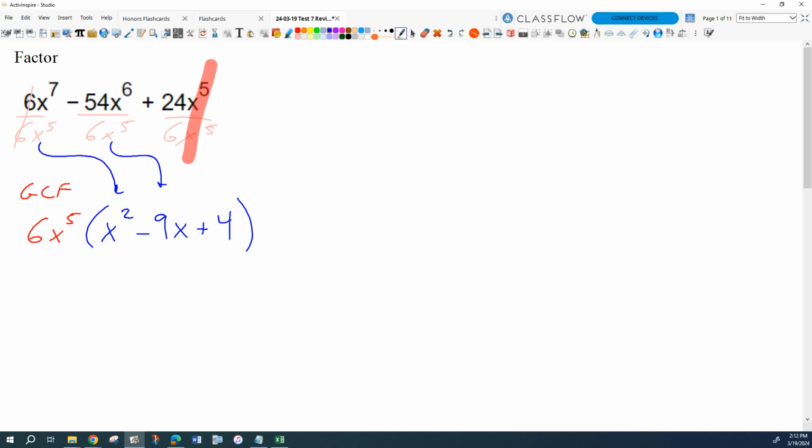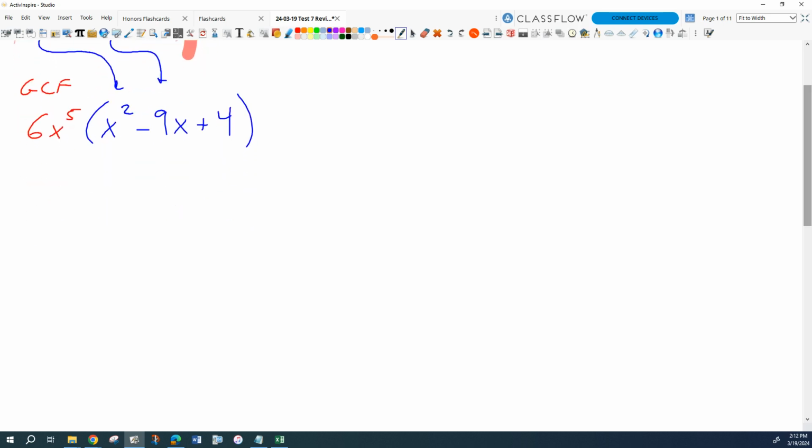Okay, good. And then the last thing we would do is we'd look at this and say, could we go further? So the GCF is done, but what about that trinomial? There's a possibility that we could factor that trinomial, right? We'd end up with x's. If we play the sign game, what would my signs be if they multiply to a positive and add to a negative?